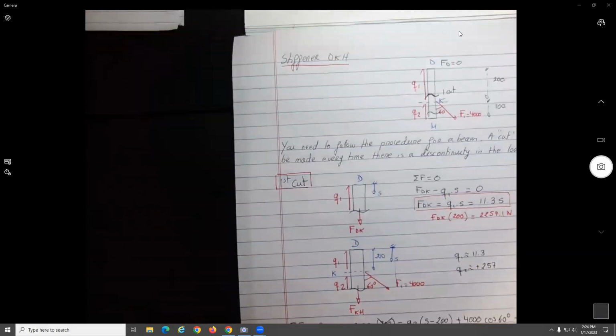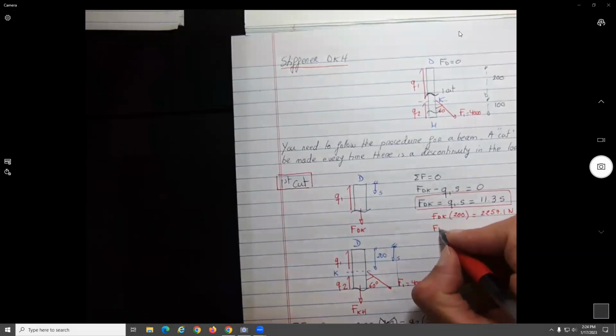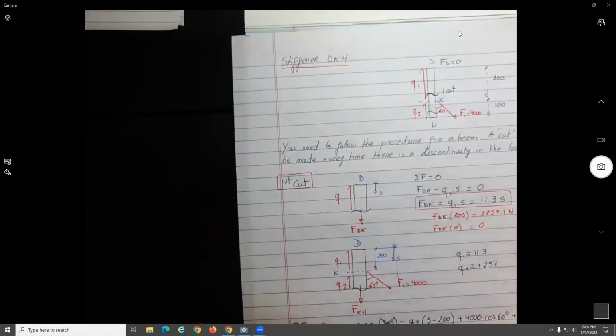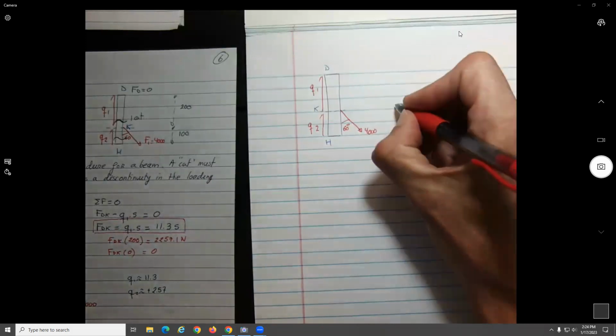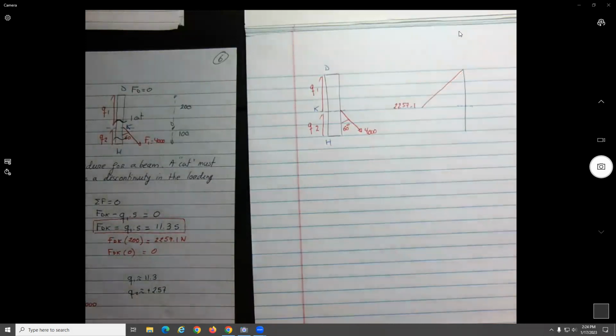When we look at the figure here, we have SDK at 0, if you want to add it, is 0. And then at 200 is 2,257.1. So we go from here, 2,257.1.